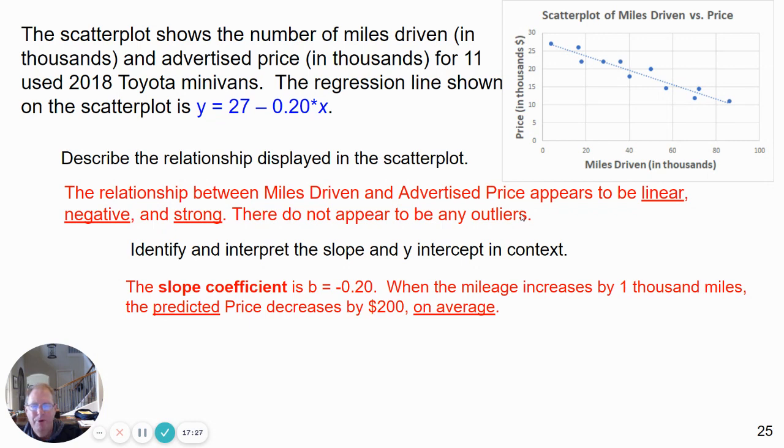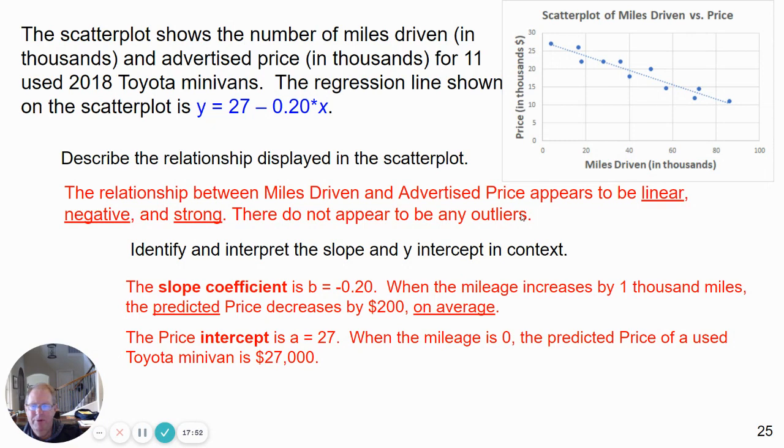The words predicted and on average I've highlighted because those are going to be important. Those are going to be part of the rubric. Now here I've used both, but I think you probably could get by with just one. But to be safe, I've included both here. So the predicted price decreases by $200, or the price decreases by $200 on average. That's what we'd be looking for.